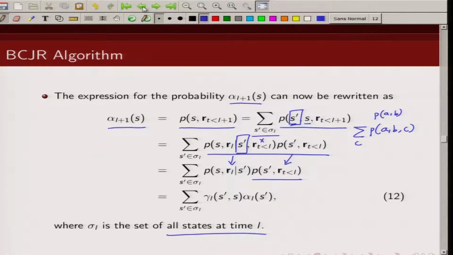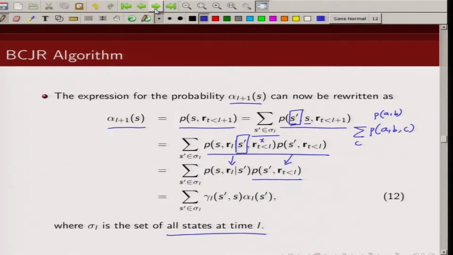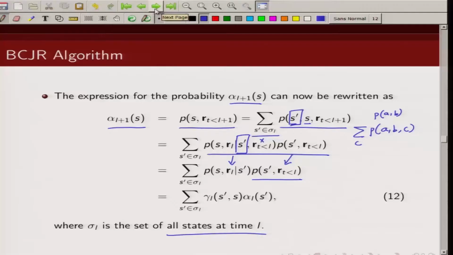This term is basically, by definition, our alpha, and the next term is our gamma. So, what I have shown you here is that alpha at the next state S can be computed recursively from alphas at the previous state in this particular fashion. Let us illustrate this with an example.